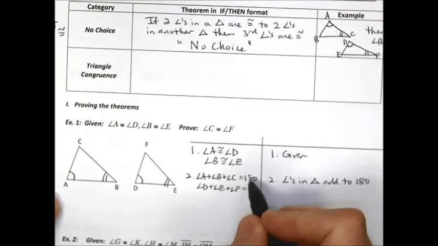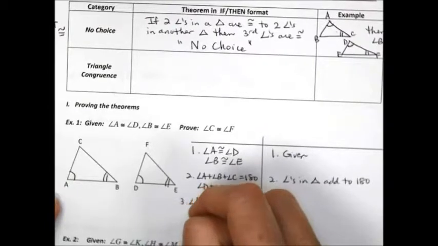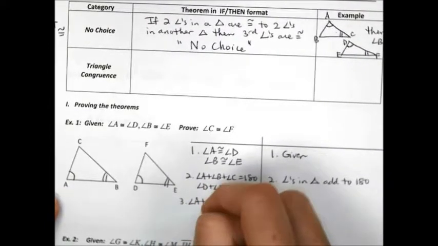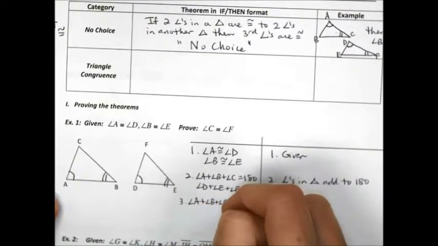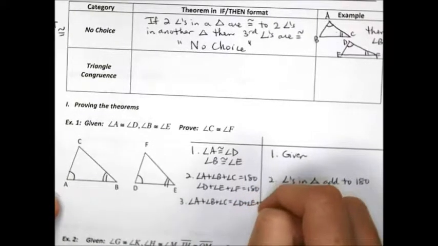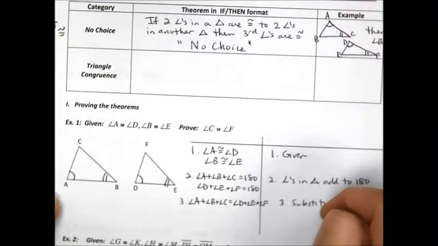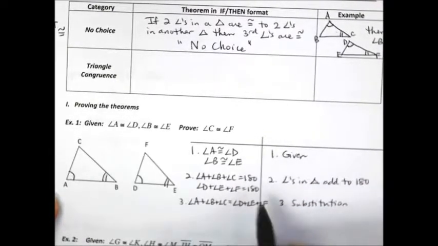Now I see I have the 180 in both, so I know I can use substitution and set those two equal. Angle A plus angle B plus angle C equals angle D plus angle E plus angle F. That's just substitution. Right, if this equals 180, I can substitute that in up there.